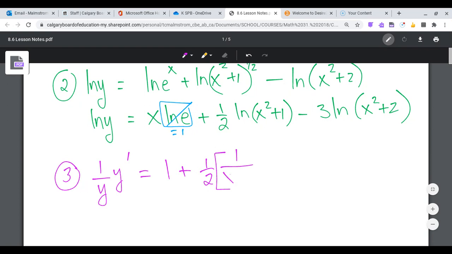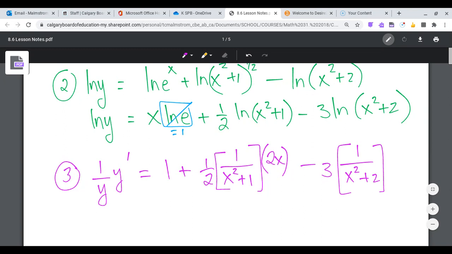So 1 on your argument, 1 on x squared plus 1, multiplied by the derivative of the argument, which is 2x, minus 3 times 1 on the argument, this time is x squared plus 2, and the derivative of that is 2x.